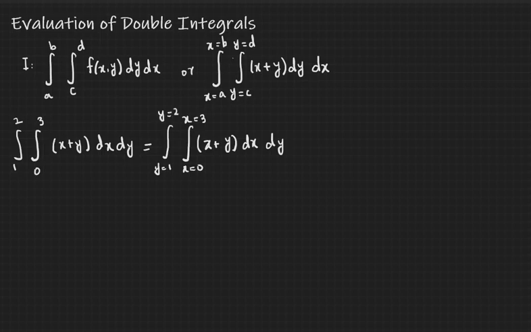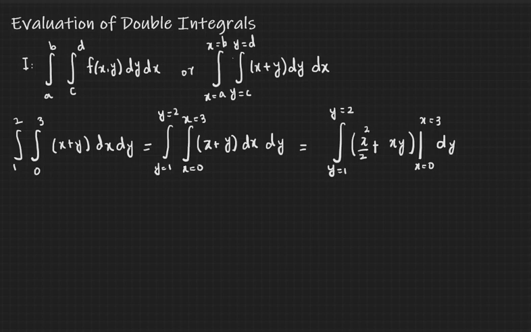Now we will integrate with respect to x first, so that would be equal to x square over 2 plus x times y, right? Taking the limits of integration, that is x equals 0 to x equals 3. Then the answer of this should be integrated with respect to y, where the limits of integration are y equals 1 to y equals 2, right?